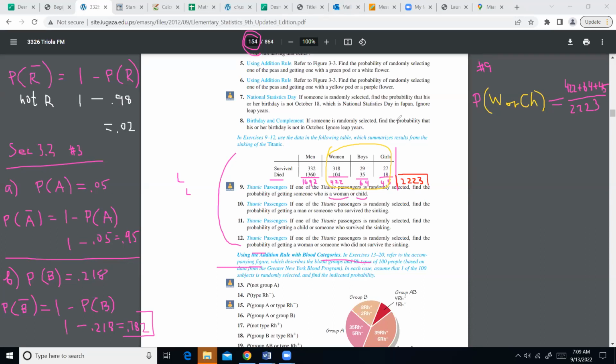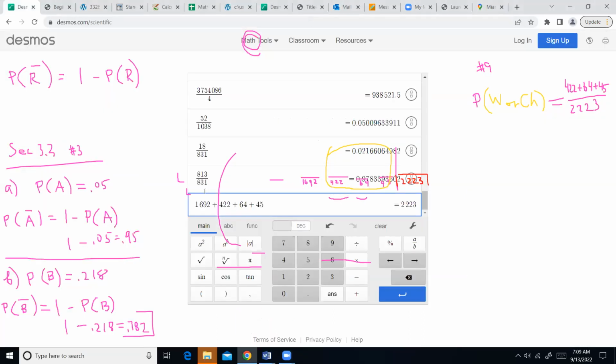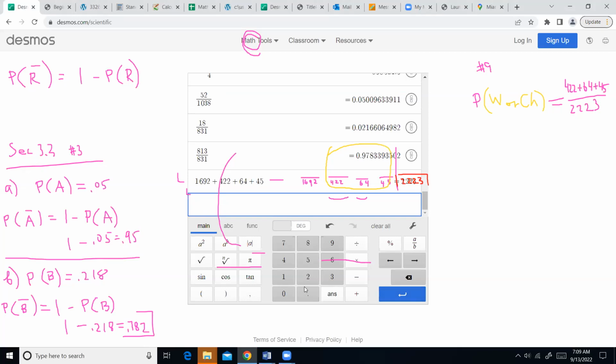So why don't I, again, put this all in the calculator? Because otherwise, how would you add them? You will have to divide this eventually anyways, right? And doing division in your mind is not probably the best thing to perform. So let me just put this all in the calculator.